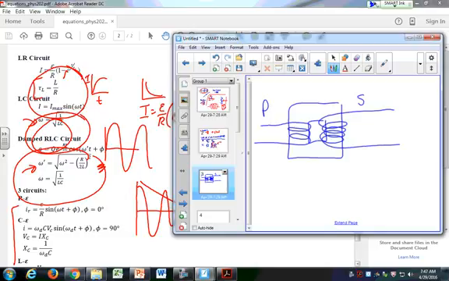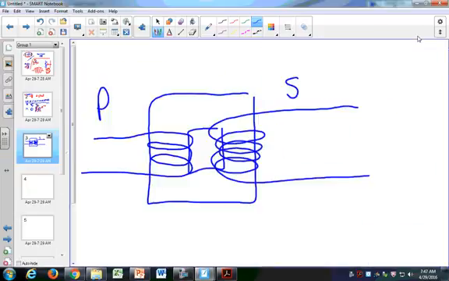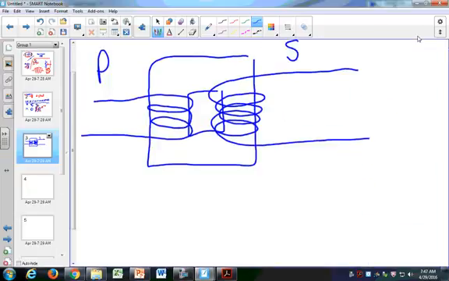So is this a step up or step down transformer? This is a step up, because I have a low voltage coming in and I get a high voltage coming out.